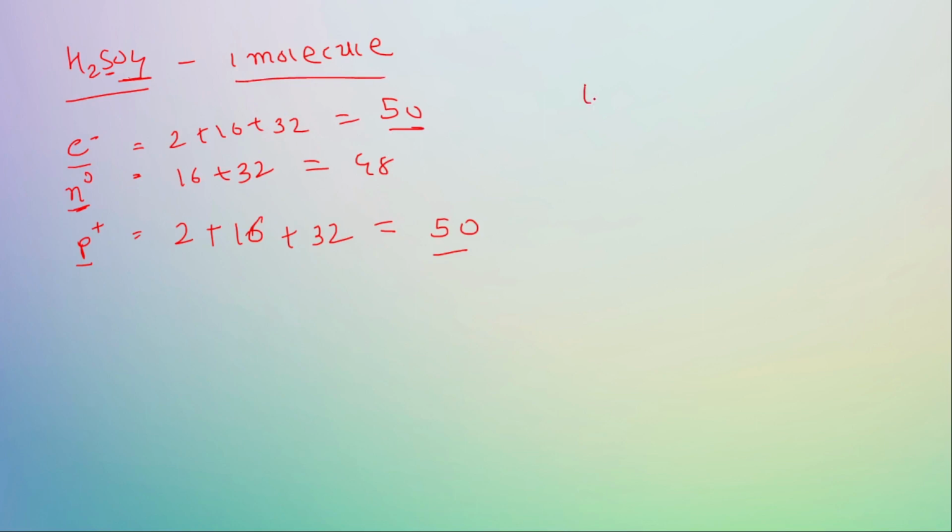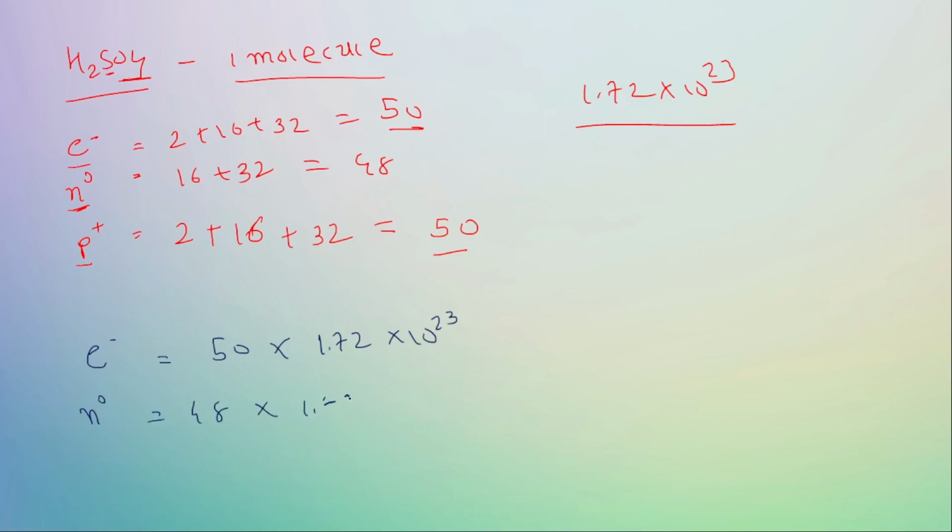So for 1.72 into 10 raised to 23 molecules, let's find out the number of electrons. I am changing the color of the pen. So in 28 gram, 50 into 1.72 into 10 raised to 23. Similarly, neutron, 48 into 1.72 into 10 raised to 23.